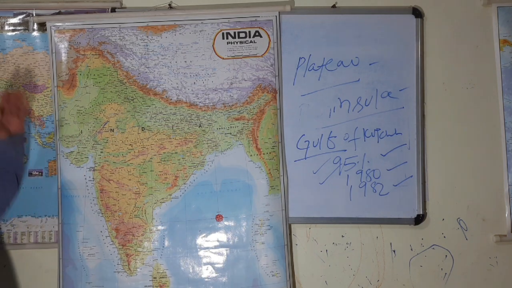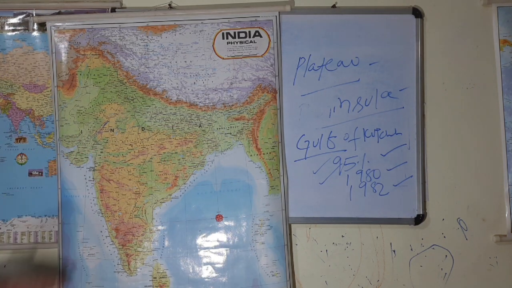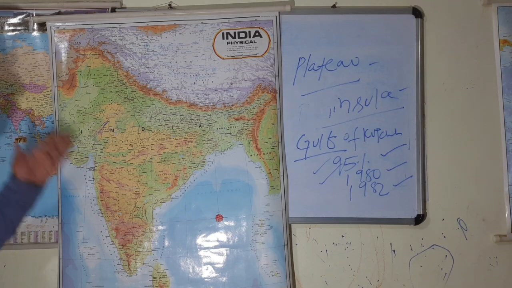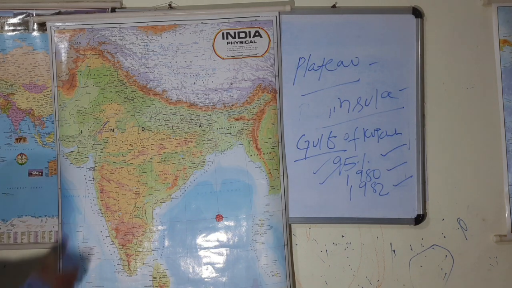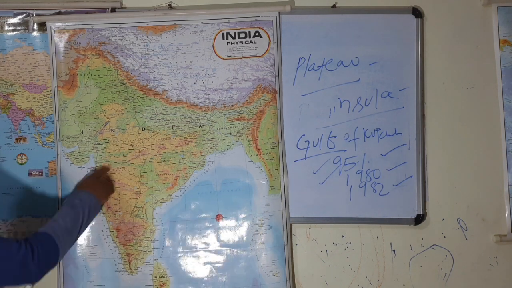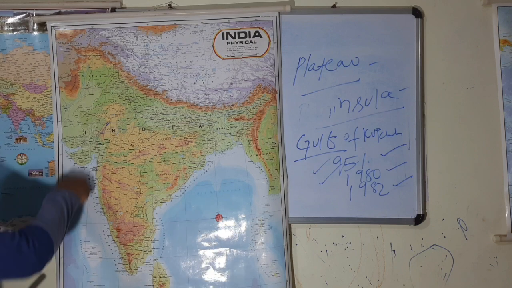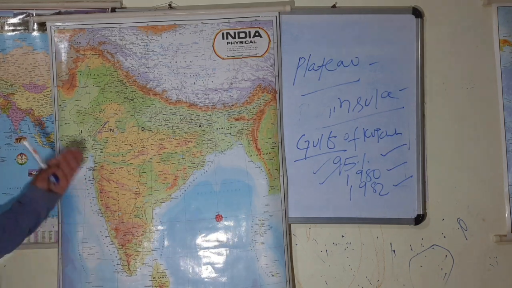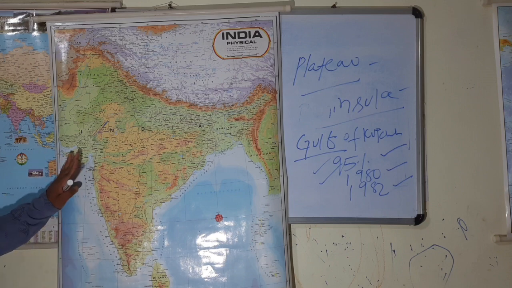In the narrower part it is around 20 km, while in the southern part it widens to around 100 km. It is mainly well known for the formation of estuaries. The rivers Narmada, Tapi, Mahi and Sabarmati, these four major rivers, form estuaries over here.